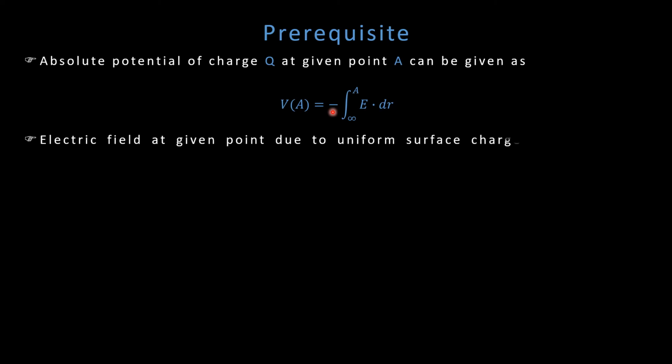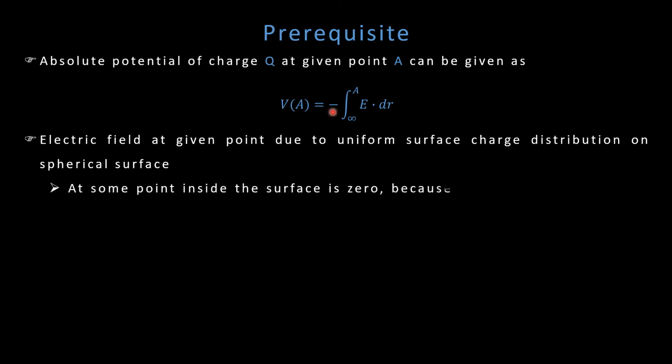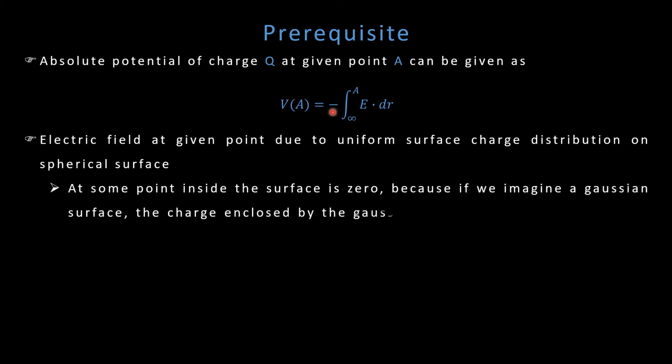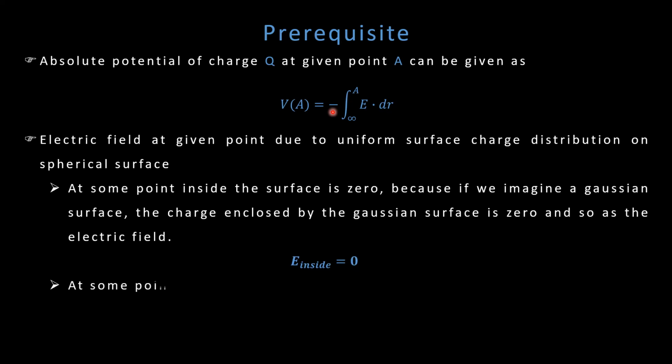We know that if charge is distributed uniformly on spherical surface, inside the spherical surface electric field is zero. There is no electric field due to the surface charge inside the shell. And what if we are outside the shell?